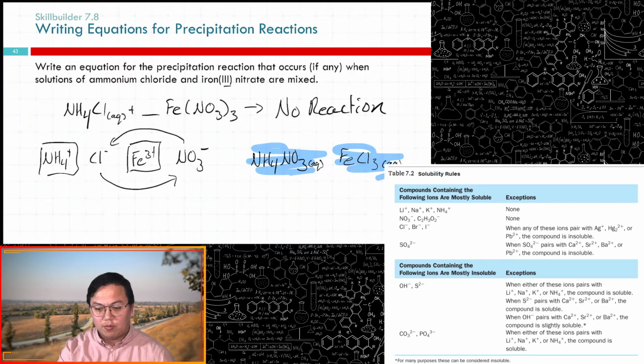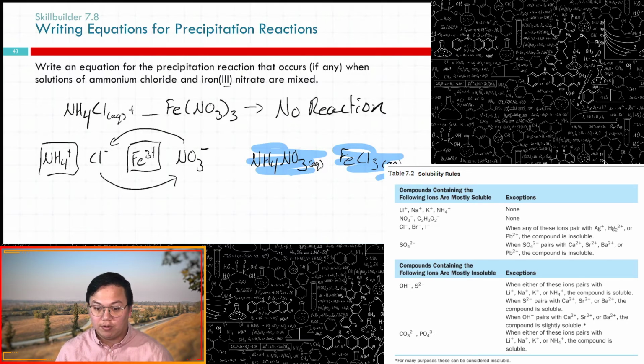So basically you need to remember these as exclusive lists. So you can say if it's hydroxide or sulfur, if it's mixed with anything else other than calcium, strontium, or barium, it's going to be insoluble. Those will precipitate.